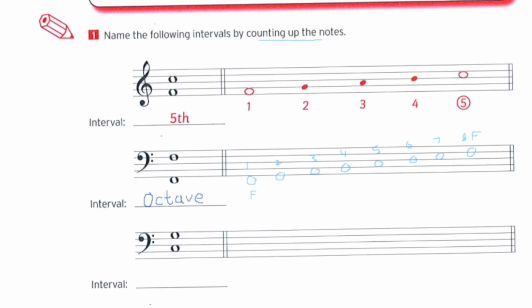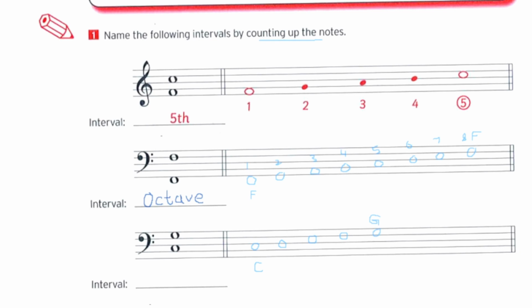Let's take a look at the next one. We have a C as our lower note, and we are climbing up to this note. It's our highest note, that's a G. So after C comes D, after D, E, F to G. So let me just draw the G up here, move it closer to each other and erase this.